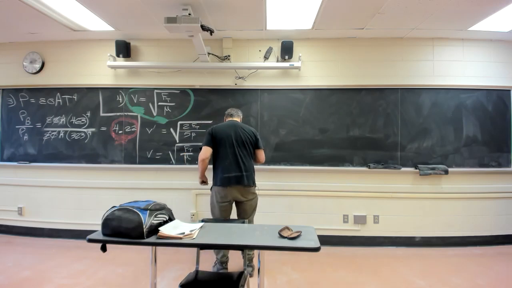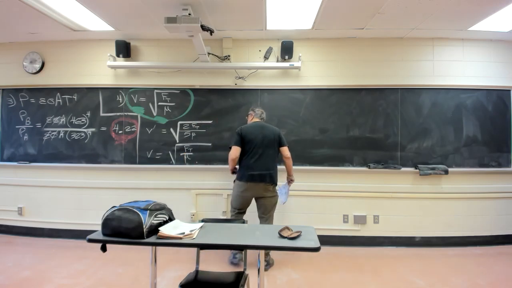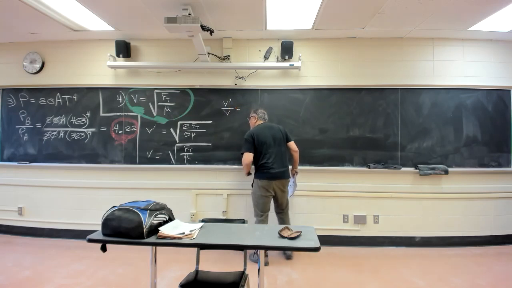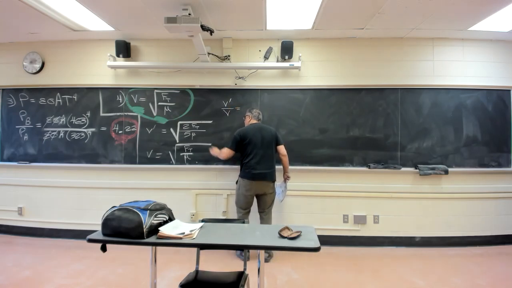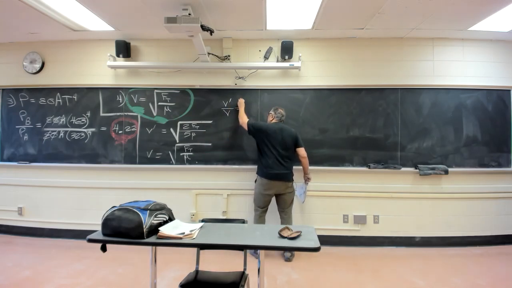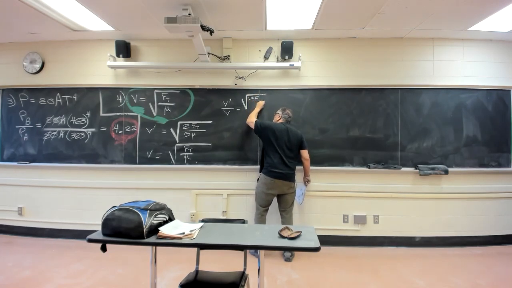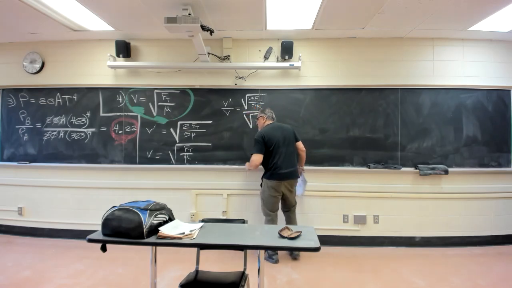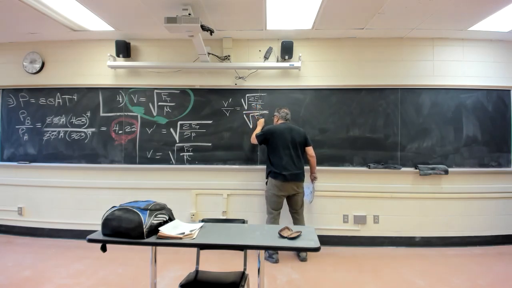V prime over V is the square root of 2 F sub T over 5 mu divided by the square root of F sub T over mu.